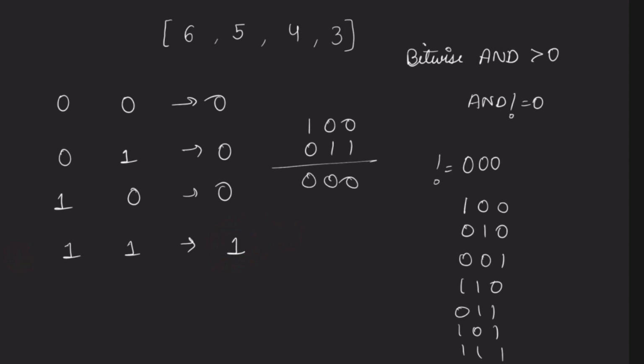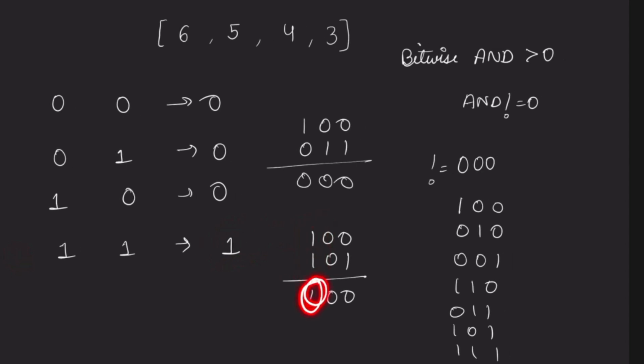Because there was no place where the bit was 1 in both the numbers. But if I consider this one, then what will happen? We will get 1, 0, 0, right? Because this place had 1 in both of the numbers. That is why I got 1 here, and here my bitwise AND is not equal to 0, right? So I just need to identify a combination where all the numbers have at least one bit set at the common place, at the same place.